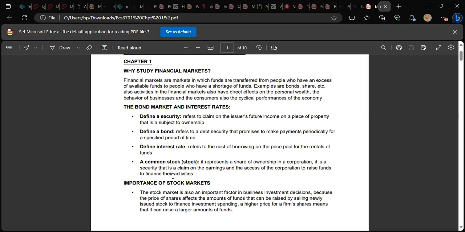So in other words, your claim there is the residual claim. So after all debt has been paid, what remains belongs to the owners of the company. So if it's common stock, which is sometimes referred to as ordinary shares, you are the owners of that company, right? So you have that residual interest, or residual claim, in that company, right?